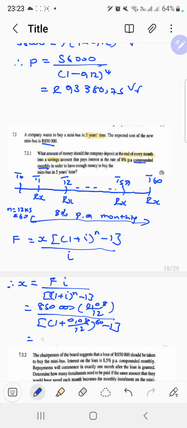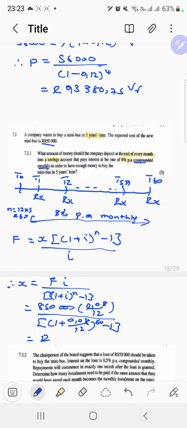Okay, how many rands? Is it rands or runs? Whatever. 850,000 into 0.08 divided by 12 over 1 plus 0.08 over 12, that raised to the exponent 60 minus 1.